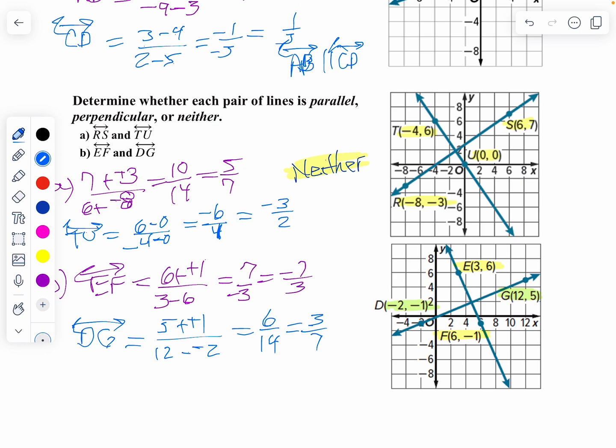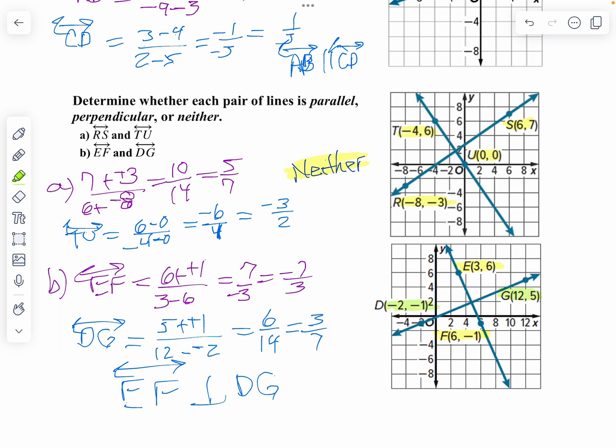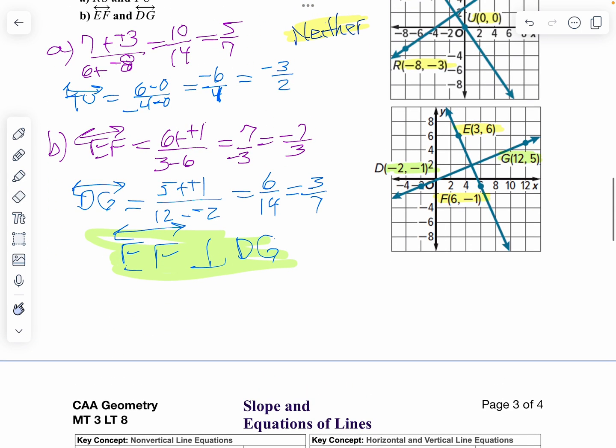So on this one, we know EF is perpendicular to DG. And we'll do the next page in the next video.